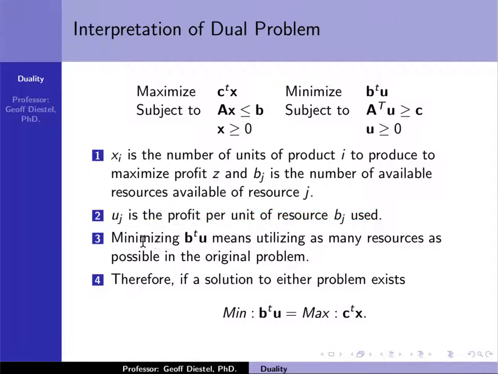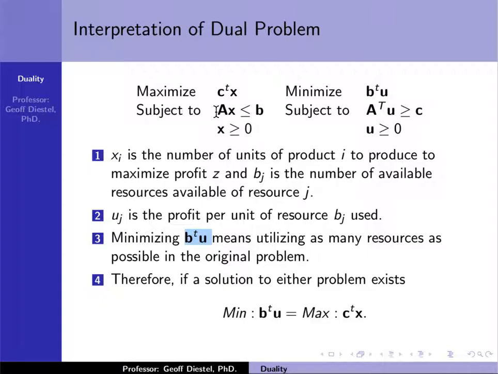So why do we want to minimize this B transpose U if our goal in the original problem is to maximize profit? The idea is by minimizing this quantity, we're basically finding the most efficient way to distribute our profits among as many used resources as possible.